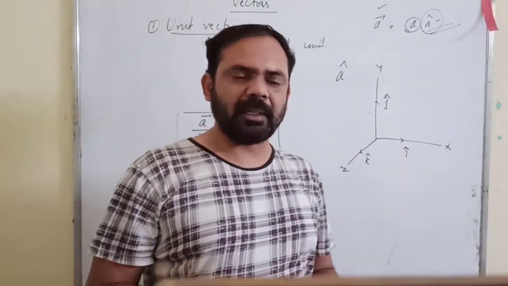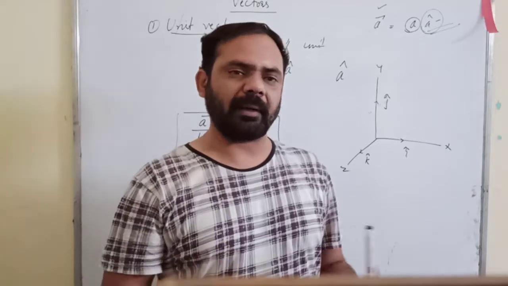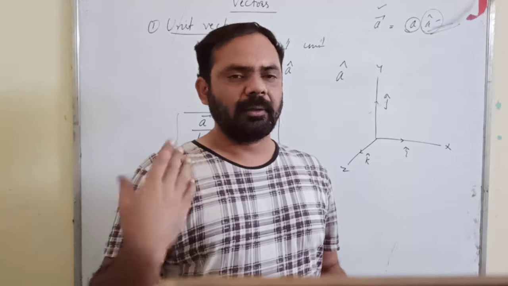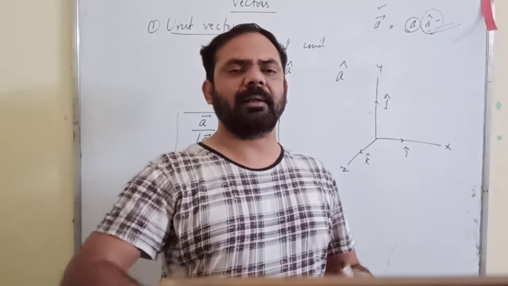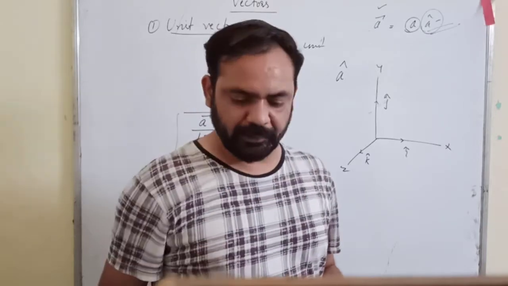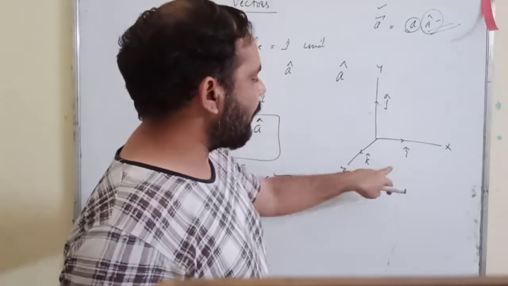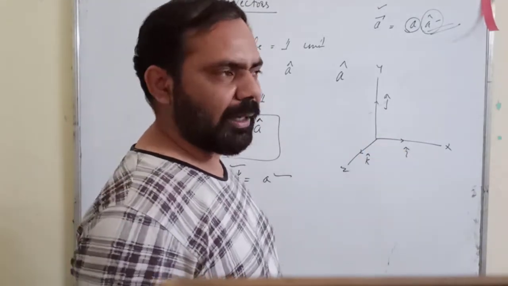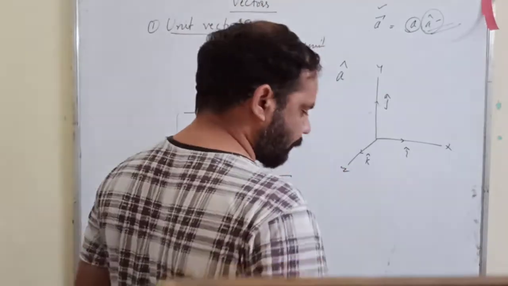Whenever a unit vector gets attached to a scalar quantity, you get a vector quantity. And one more thing: i cap, j cap, k cap are unit vectors along the three specific directions x, y and z.